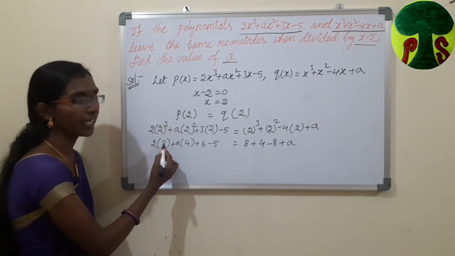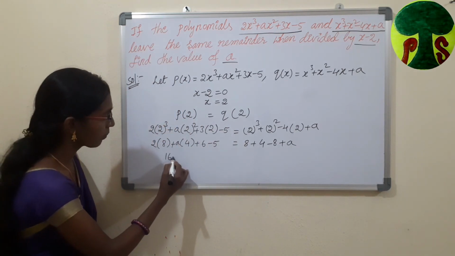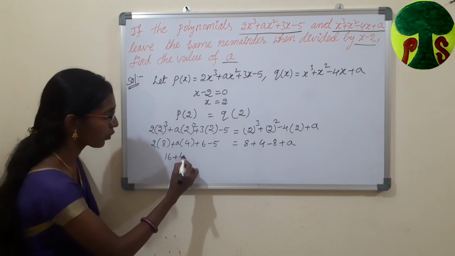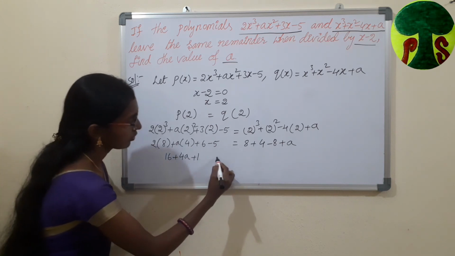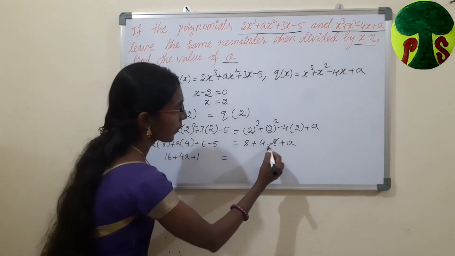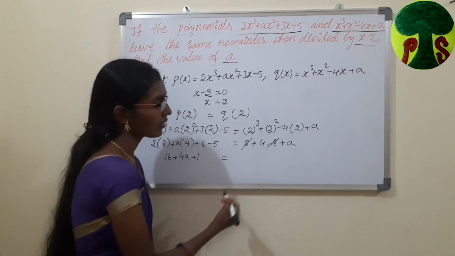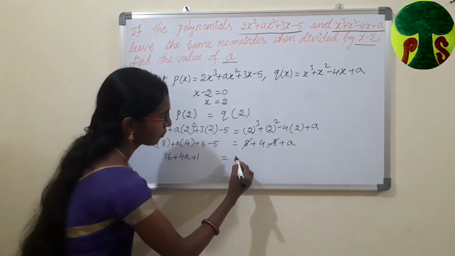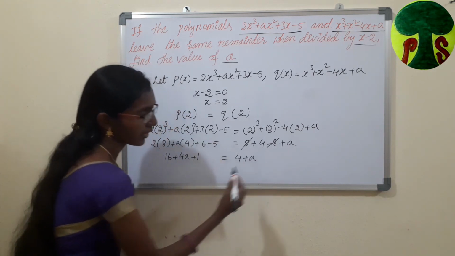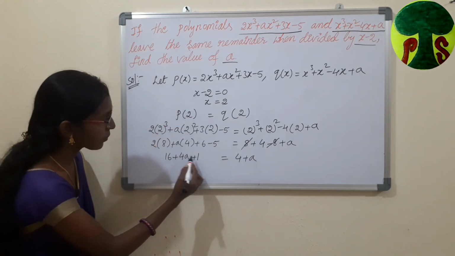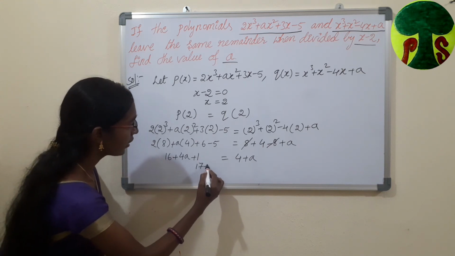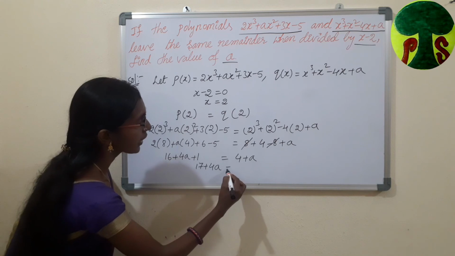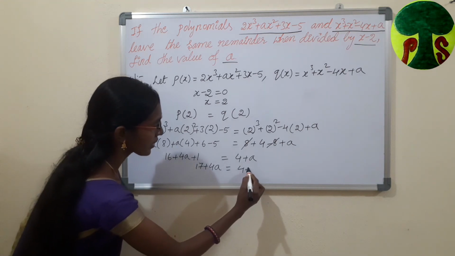Here 2 into 8 is 16 plus 4a plus 6 minus 5 is 1. That is equal to minus 8 plus 8 gets cancelled. Here 4 plus a. 16 plus 1 is how much? That is 17. So 17 plus 4a is equal to 4 plus a.